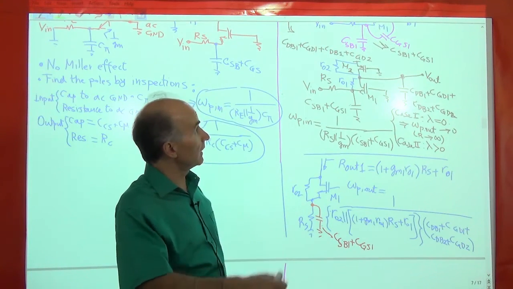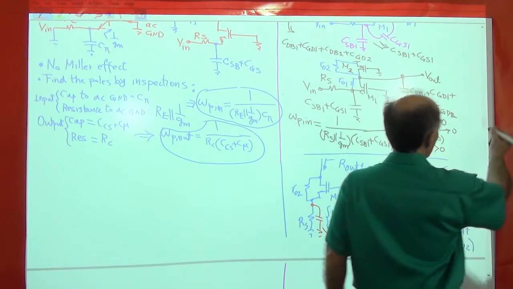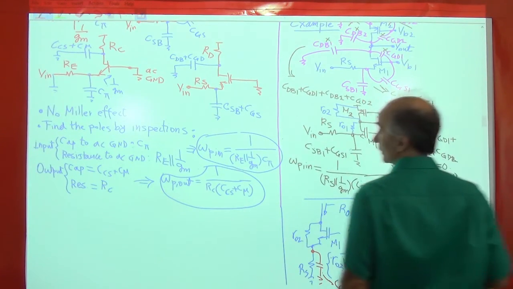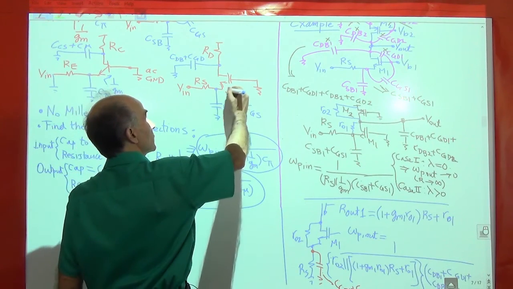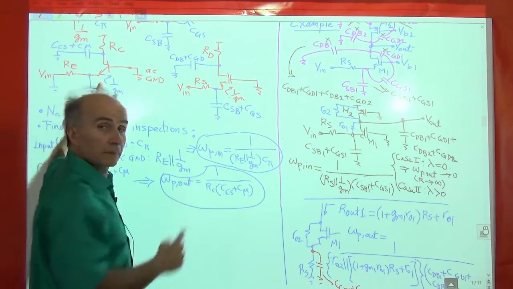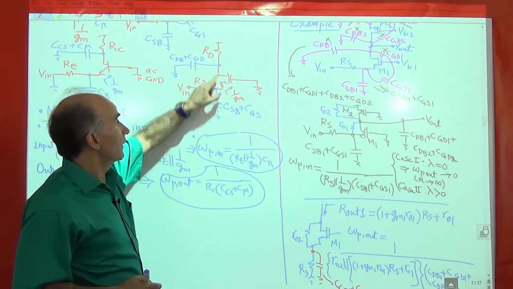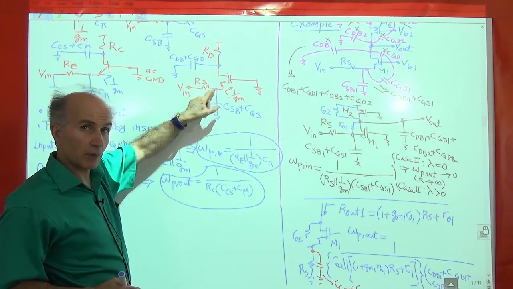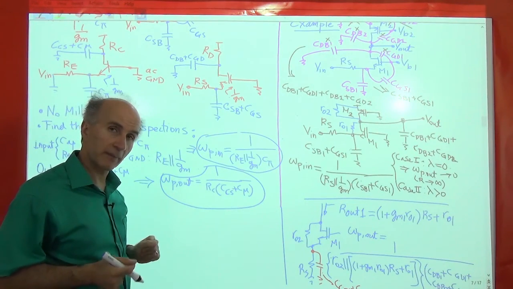In fact, if we go back a little more, you can see that there's one more approximation that we haven't talked about. Let me show you. Remember that we said looking into the source, we see 1 over gm here or here, right? But that's true only if there is no channel length modulation. If there is channel length modulation, what we see here is not 1 over gm. It's more complicated and we have not talked about it.